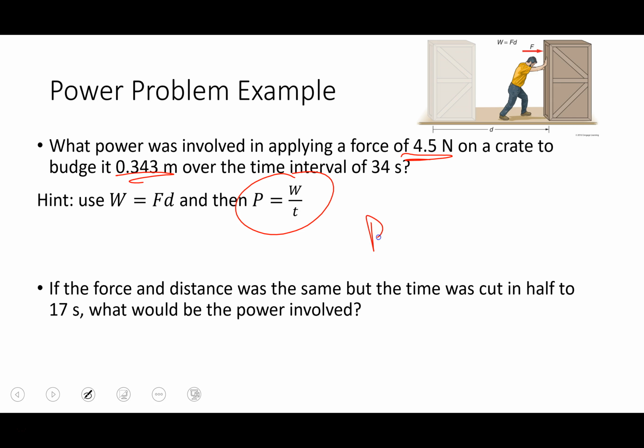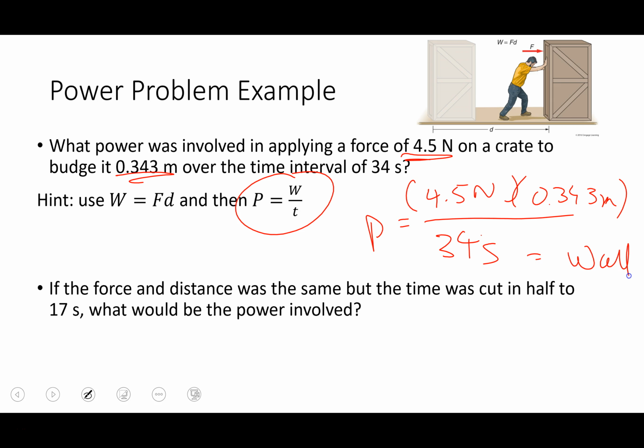So what I got is power is equal to 4.5 newtons times 0.343 meters divided by the time, which is 34 seconds. And then remember that the units are going to be in watts. So that's kind of how that works.